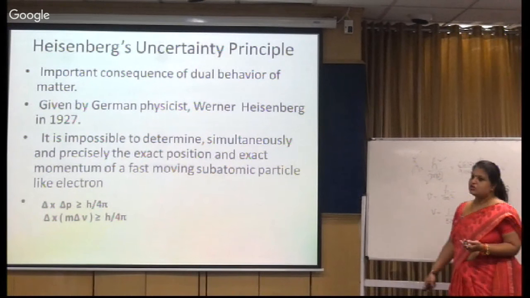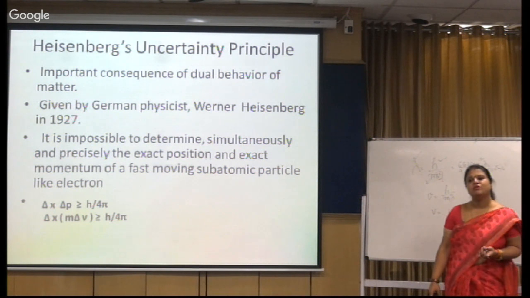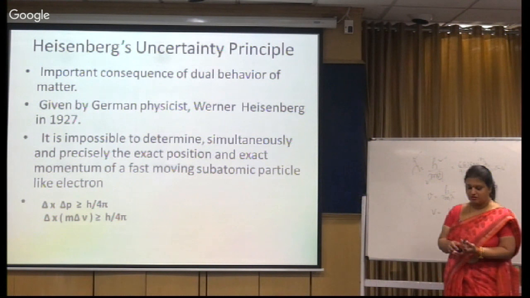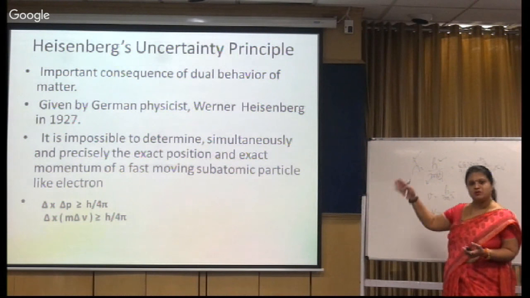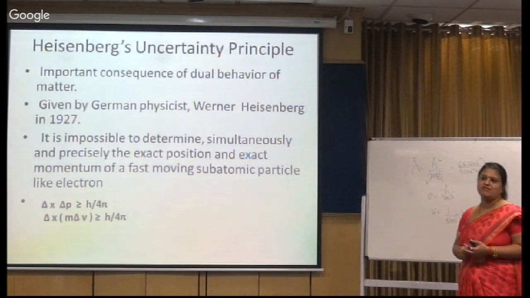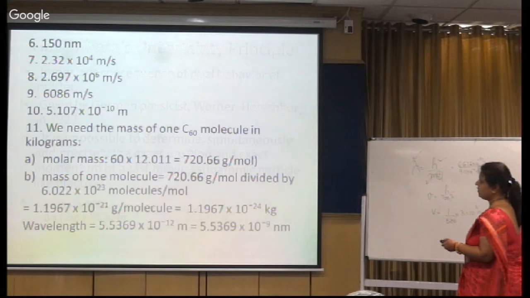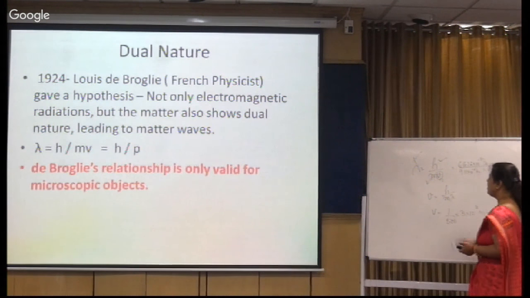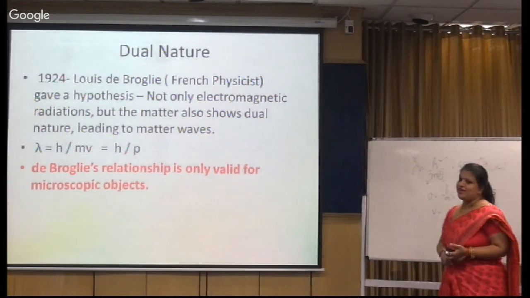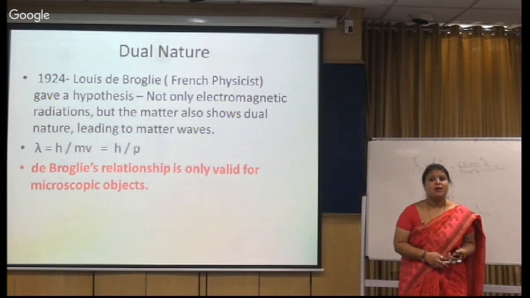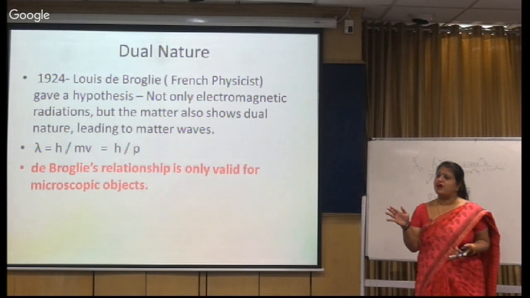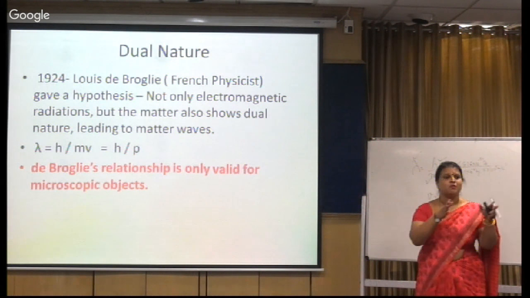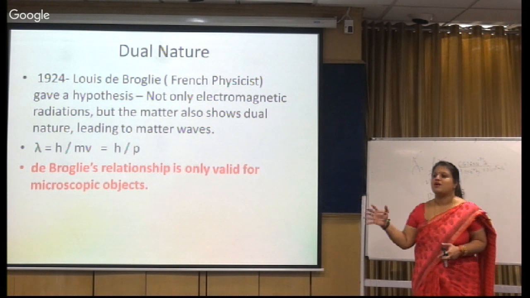Okay. So if you compare the wavelength of de Broglie on the basis of the various calculations that we have done, it can be concluded that the de Broglie relationship is valid only for microscopic objects. I repeat what we discussed last time, that all the objects can be divided into two broader categories, microscopic and macroscopic.